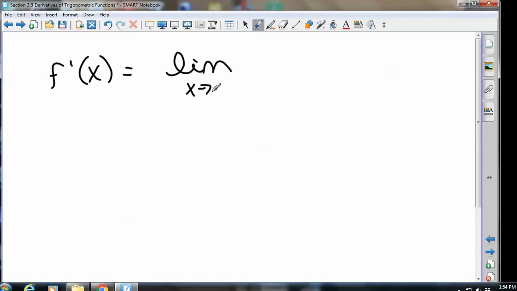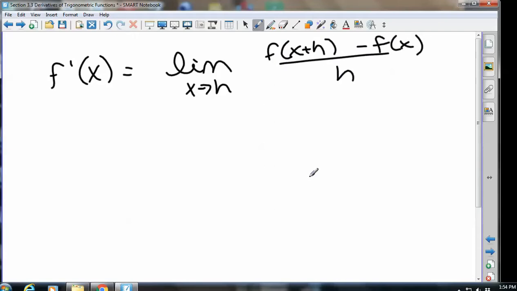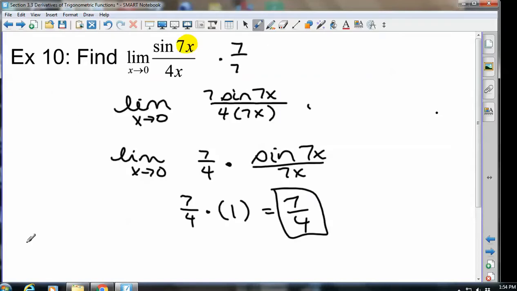We had a couple different definitions, like the limit as h approaches 0 of f of x plus h minus f of x all over h. That limit there was the derivative. So a derivative is one specific case of a limit, if that makes sense. Other questions?